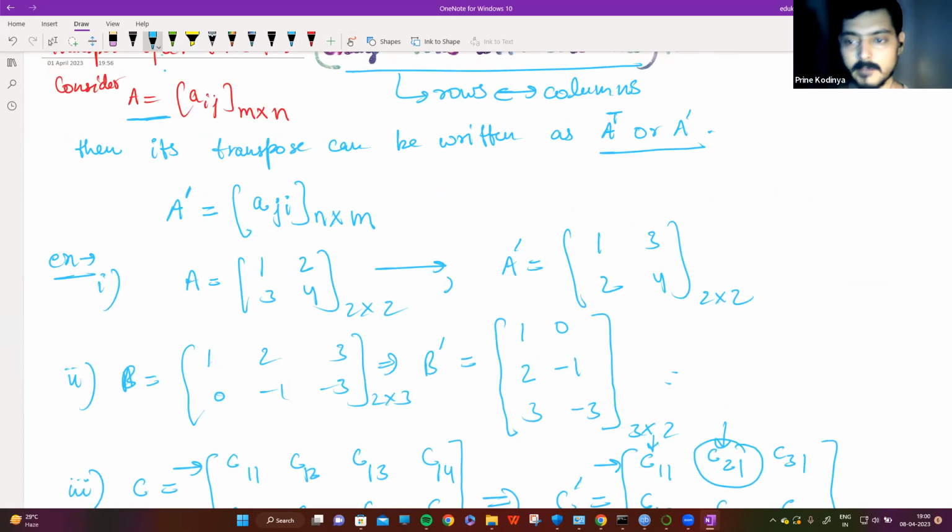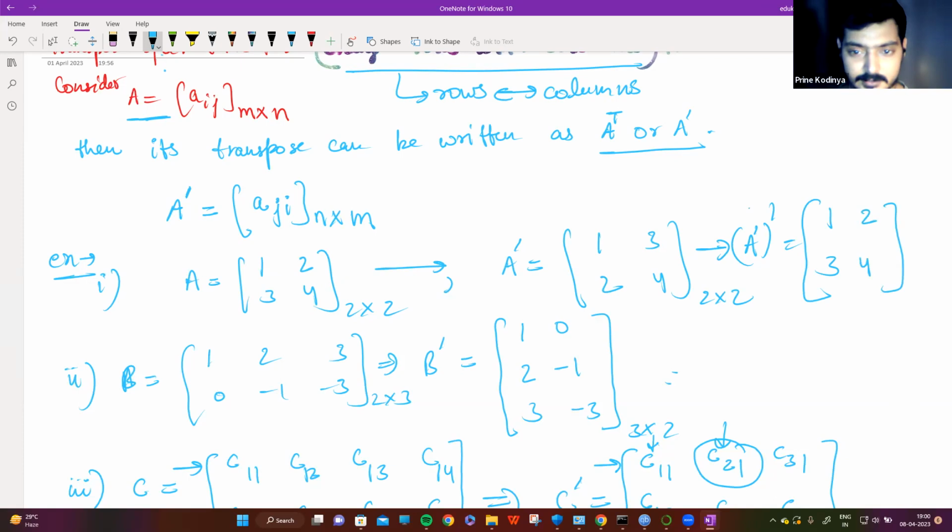Now, if I want to take its transpose, the transpose of A transpose, that would be written as transpose of transpose of A. Then it will again change the rows to columns. So now the first row is 1, 3, so this will become first column. And second row is 2, 4, so this will become second column.